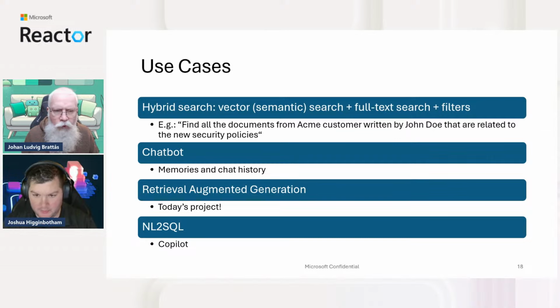Then there is retrieval augmented generation, and this is the project that we're dealing with in this series. I mean, it's not today's project, it's this series where we're building this app for a conference where we're adding the speakers, their abstracts, combination of those, adding that to the full text search. So the hybrid search also adds value in the app that we'll be building later on for the audience to search for sessions that they want to attend at the conference.